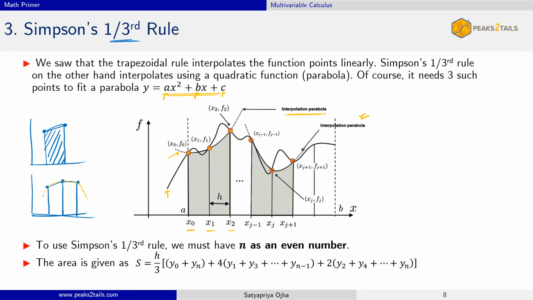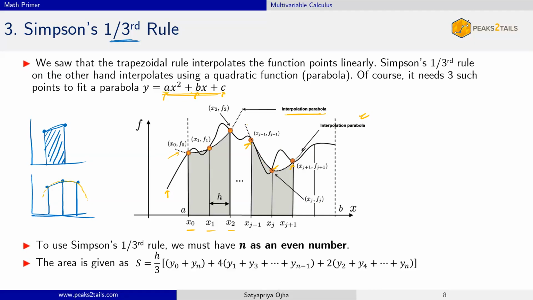And then here is another side. So these are the 3 points. This is the true function, but the dotted one that has been fitted is the parabola. So it's a quadratic interpolation scheme. Simpson's one-third rule uses a quadratic interpolation. And there is derivation behind it.